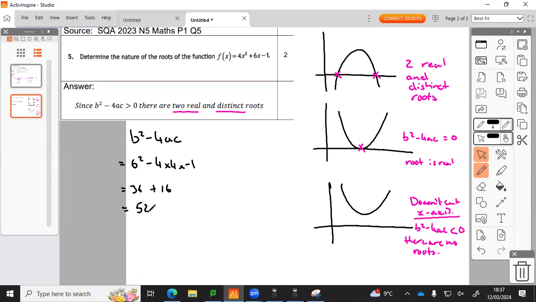And then you're finishing with b squared minus 4ac is greater than 0. Therefore, they are two real distinct roots.